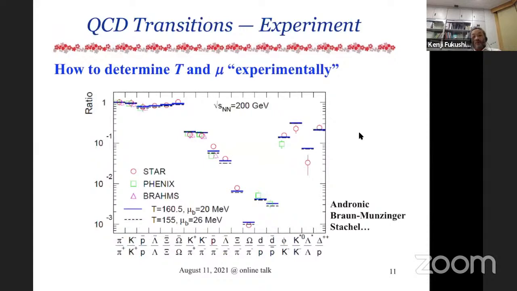Of course, in experiment, you can access only the information of a hadronic matter. And so you can never get the information of a quark-gluon plasma because the detector can just measure the number of hadrons. But still, this is quite impressive because this temperature and density is quite close to the phase boundary.